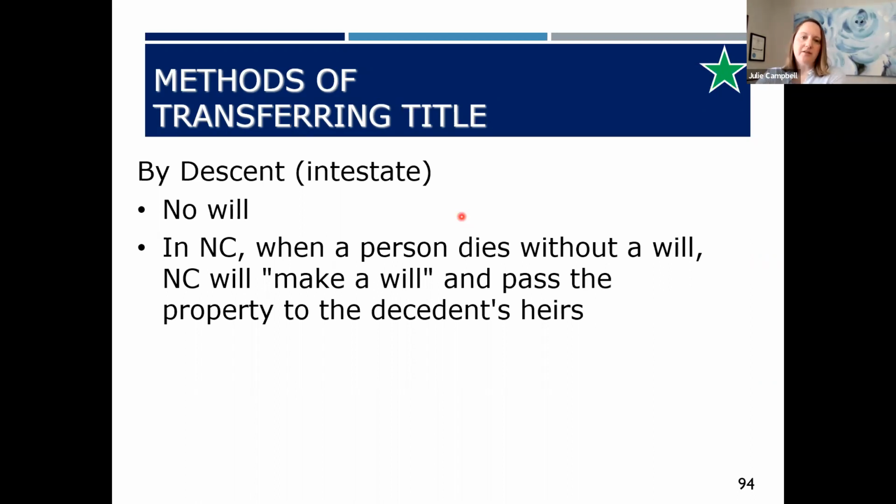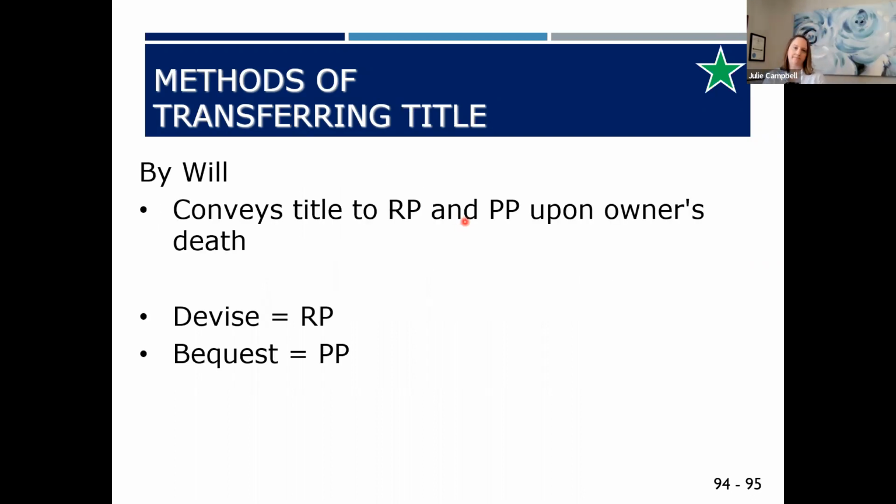So then the last method to transfer title, you have a will. And your will states when you pass away, where you want your property to go, how you want that to be handled. So the will's what's used to convey real property, personal property, whatever you put in there.